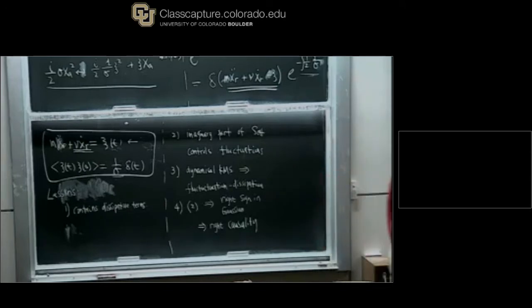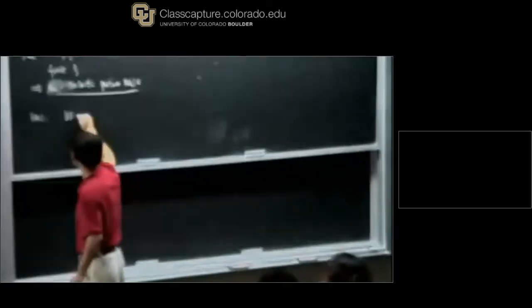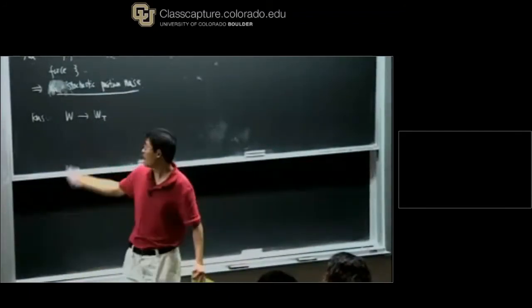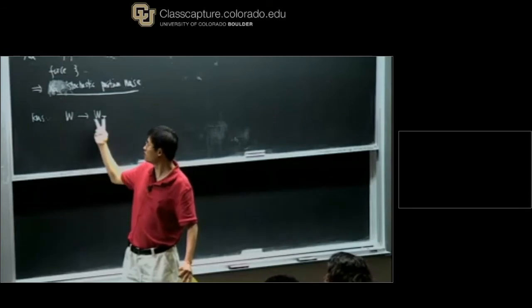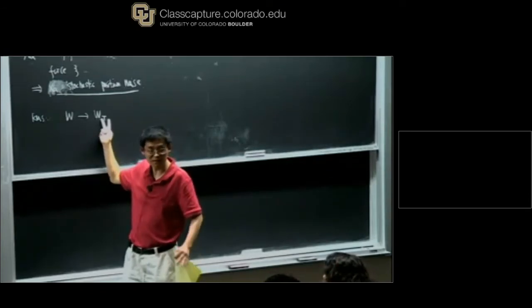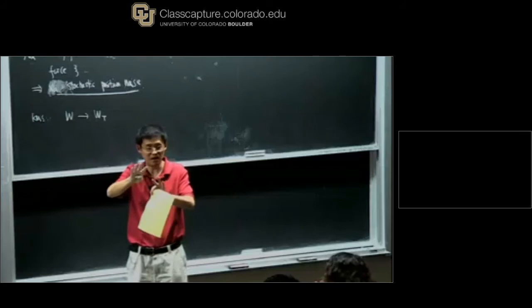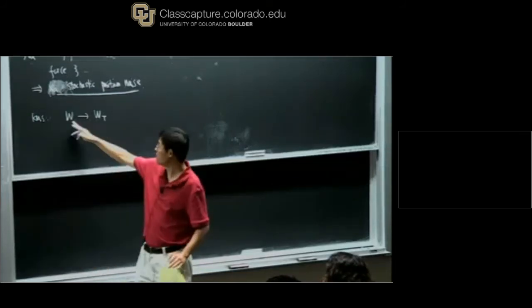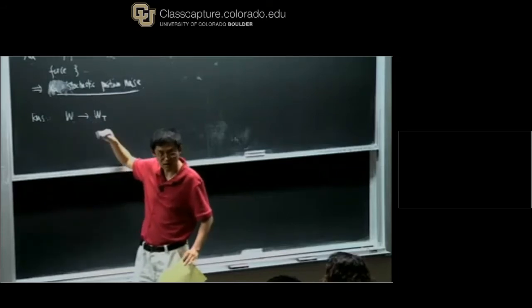The reason is related to what I said yesterday. When you do the KMS, you relate W to W^T, which is the time reversed one. At the 2-point function level, they are the same and can be identified. But beyond the 2-point function level, they cannot, and then you have to use time reversal.